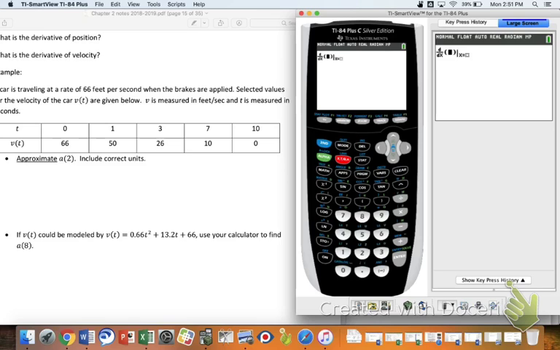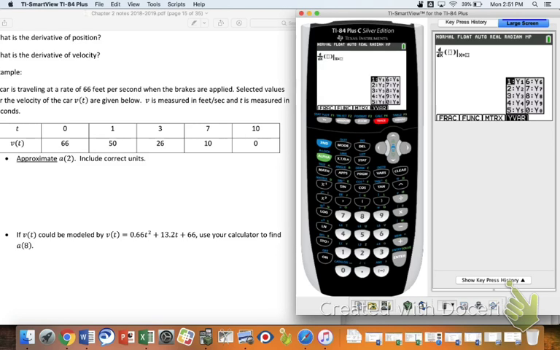Have you guys ever used the variables key? Well, check this out. You see the Alpha, right? And you see the skinny buttons, I believe it's Trace. So go Alpha Trace. And look what shows up when you push Alpha Trace. Now, do you remember where you put our velocity function?